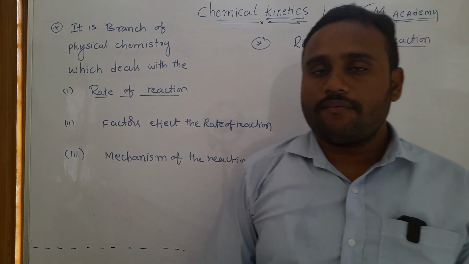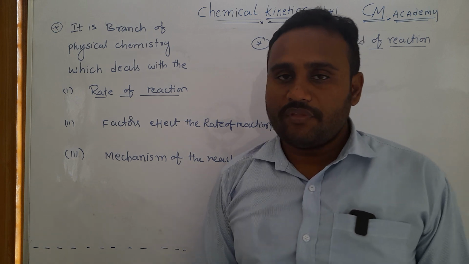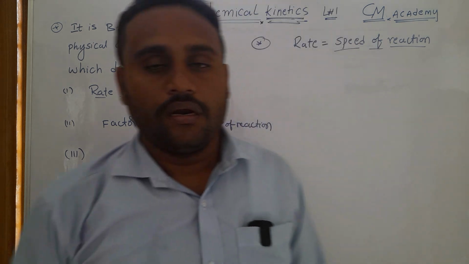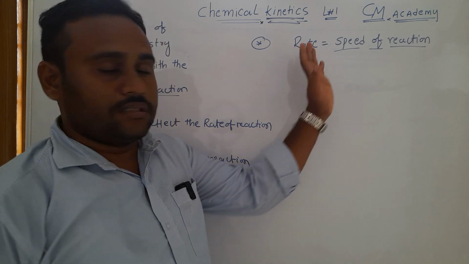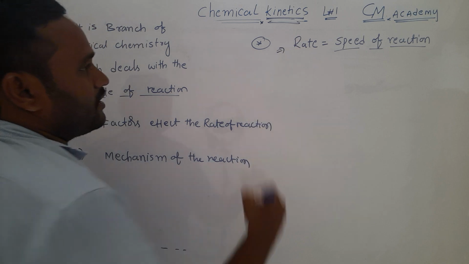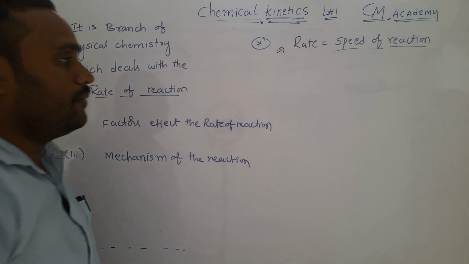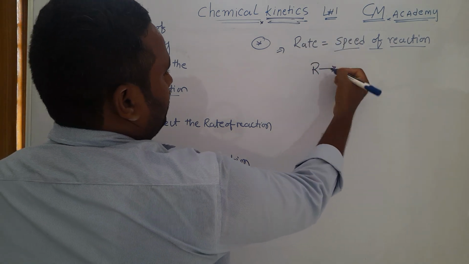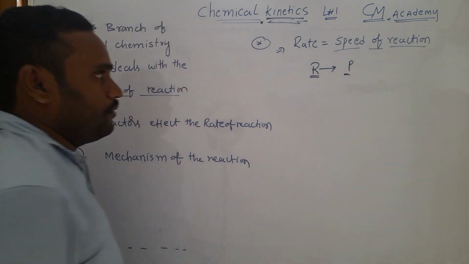In the case of automobiles like bus, car, scooter, the speed of the vehicle we can express as displacement by time or distance traveled by time. That is nothing but speed of an automobile. But in the case of a chemical reaction, what is the rate of a chemical reaction? A chemical reaction is nothing but conversion of a reactant into product.